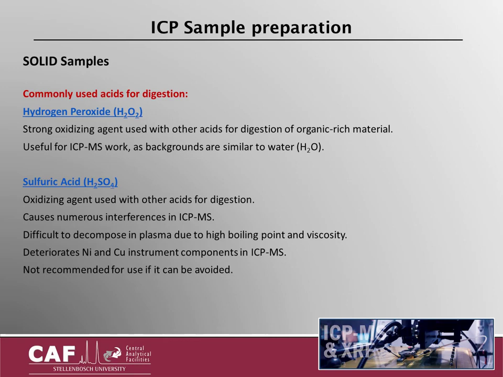Sulfuric acid is sometimes used, but it's an extremely hazardous acid to introduce into any ICP instrument as it deteriorates many of the metal parts of the instrument. It's a very difficult matrix to decompose in the plasma because of its high boiling point and viscosity. So it's preferable not to digest any samples in sulfuric acid.